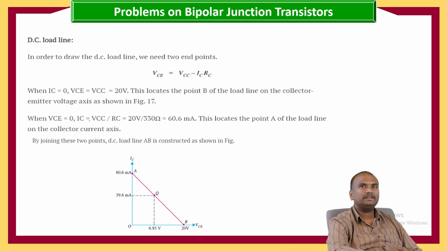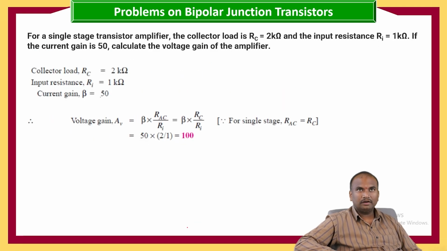And when VCE is equal to 0, IC is equal to VCC by RC, that is 20 by 330, that is 60.6 milliamperes. This is the IC value. This locates the point A of the load line on the collector current axis, that is VCC is equal to 20 volts.